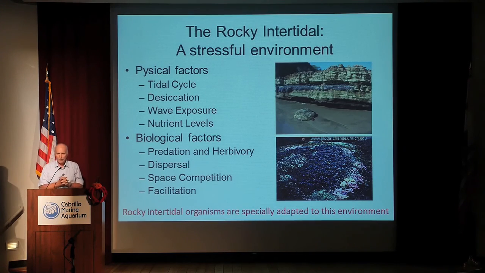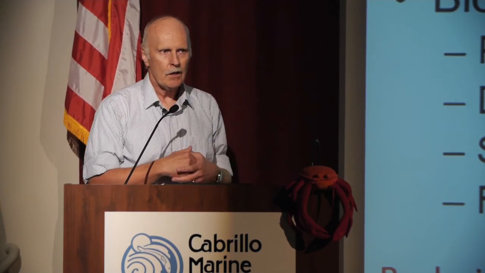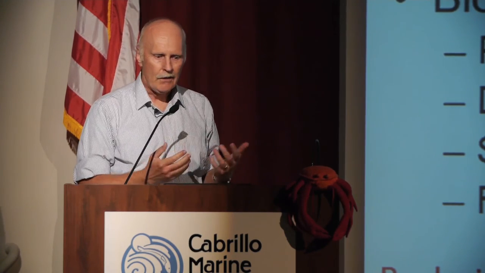And although it's a very rich habitat, one of the things that's sort of defining that habitat is that it's a very stressful habitat. It's unique in the sense that sometimes it's underwater and sometimes it's exposed to air. So species that live there have to be able to tolerate the desiccation that happens when they're in air, the exposure to waves that come in and pound on the shore, different nutrient levels.